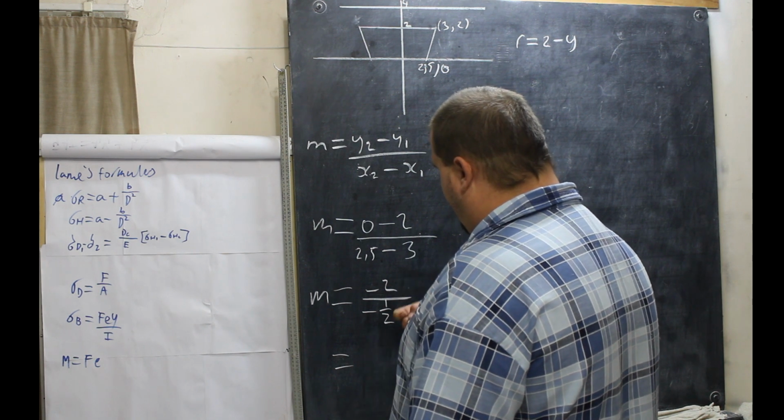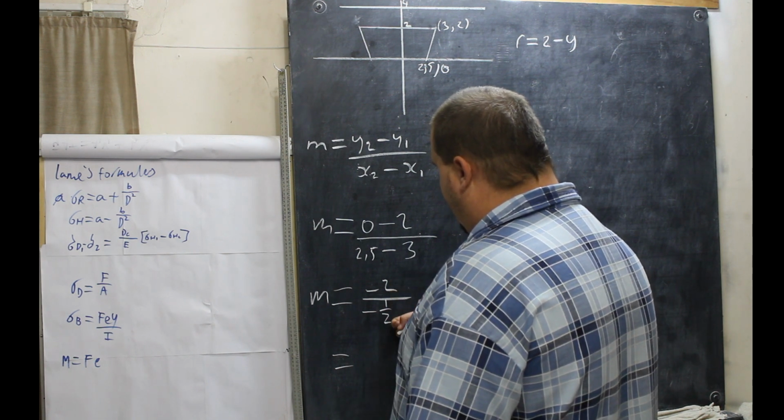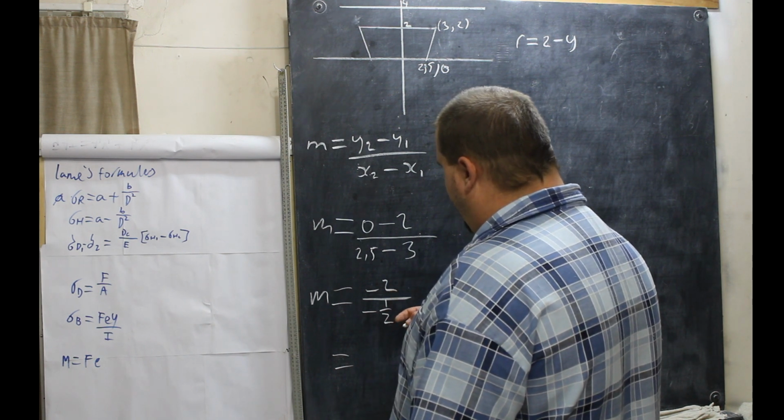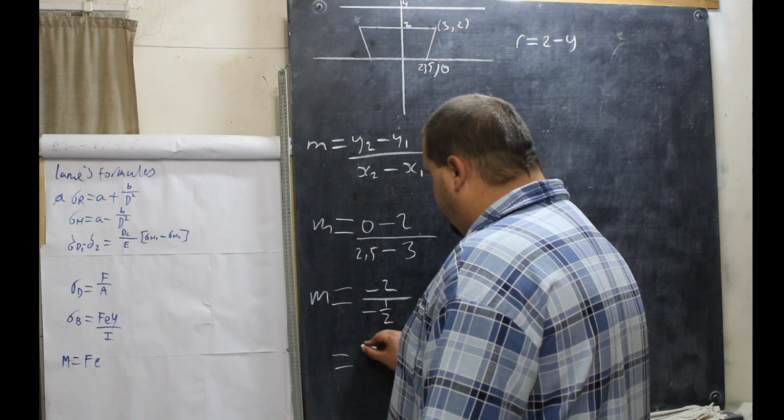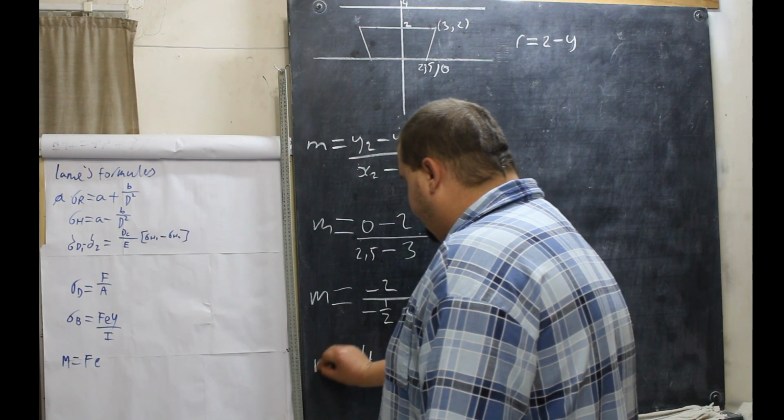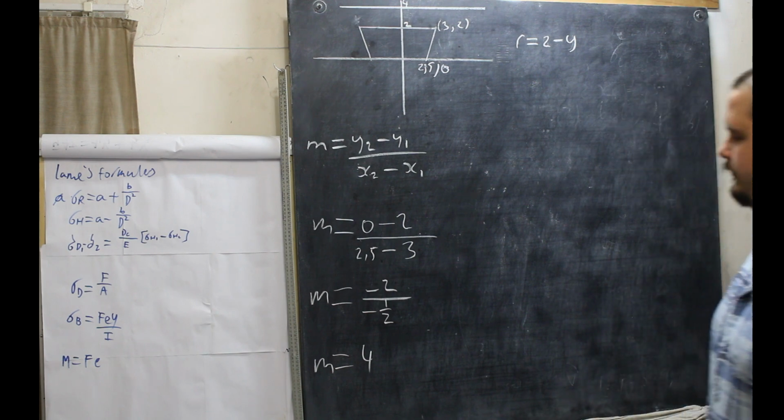So minus 2 over minus a half will be plus 4. So M is equal to 4.